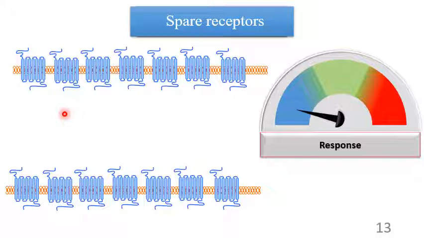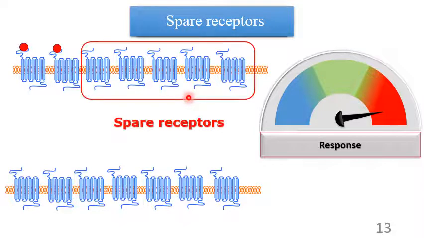Let's go back maybe and see if the receptors are not totally occupied. There is no occupation here, the response is very low, but then when some of the receptors are occupied, the full response is produced. In this case, these free receptors are called spare receptors.